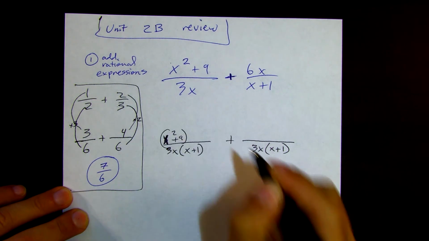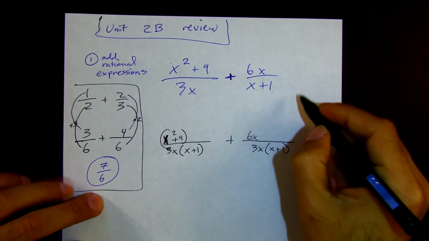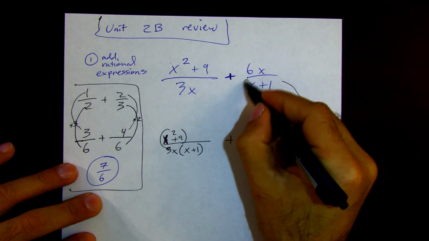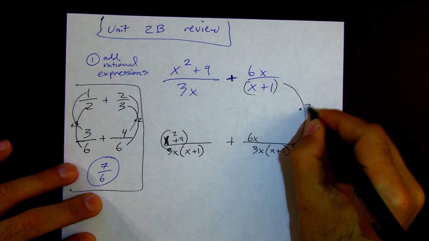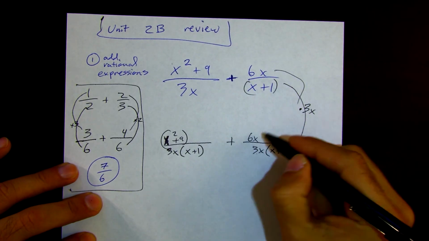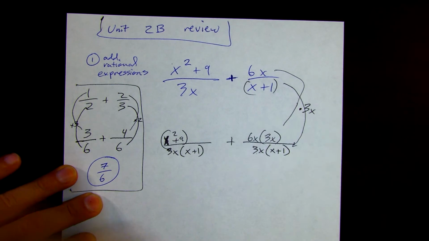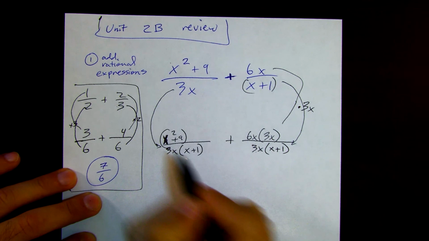And what I'm going to do is ask, what did I do to go from here to here? What did I multiply by to go from x plus 1 to 3x times x plus 1? I multiplied by 3x. So I'm going to do the same thing at the top. I'm going to multiply by 3x. I'm just doing the same process here, and it might be helpful. If it's not, and you just know how to do it, then don't let me confuse you.